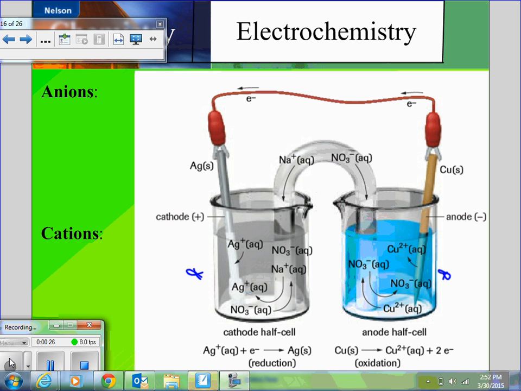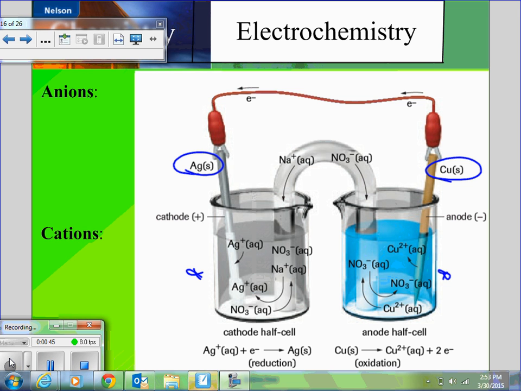So what you would do is look: we've got silver on one side, and copper on the other. If you determine which of those two metals is the stronger reducing agent, the SRA, that's going to determine which is going to act as the SRA.